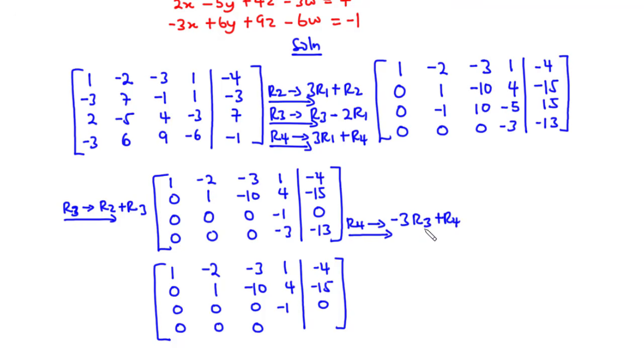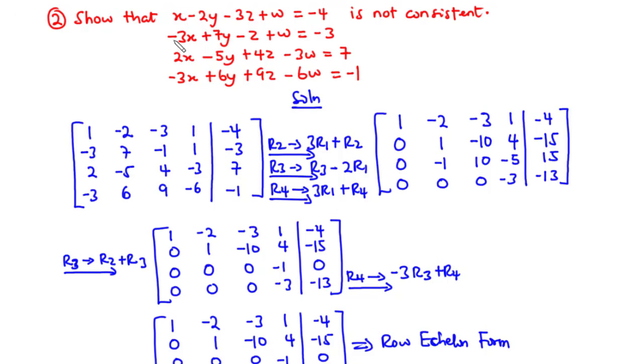Negative 3 times negative 1 is 3, plus negative 3 is 0. Negative 3 times 0 is 0. 0 plus negative 13 is still negative 13. So this augmented matrix is said to be in the row echelon form.